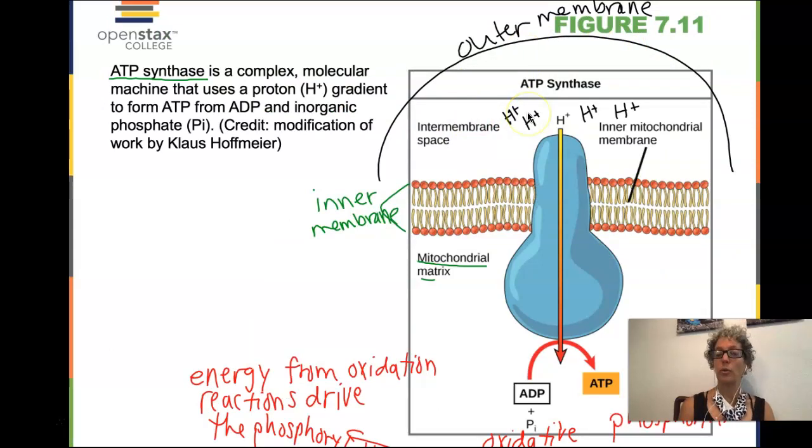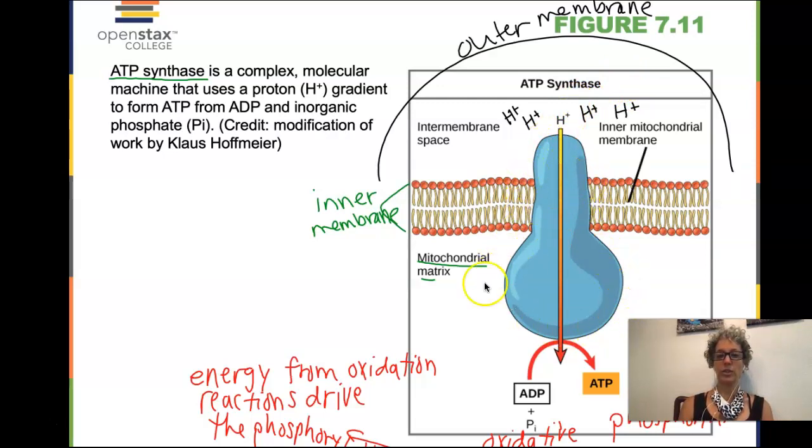What do we do with those excess protons? Well, they are a proton gradient, an electrochemical gradient. And again, we have our inner mitochondrial membrane, the outer membrane, the intermembrane space where the hydrogen ions are building up. Now we have facilitated diffusion.